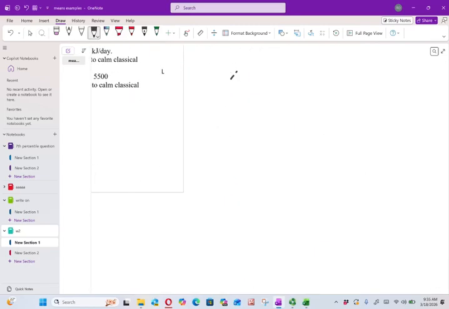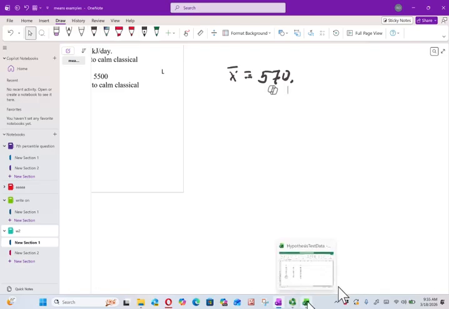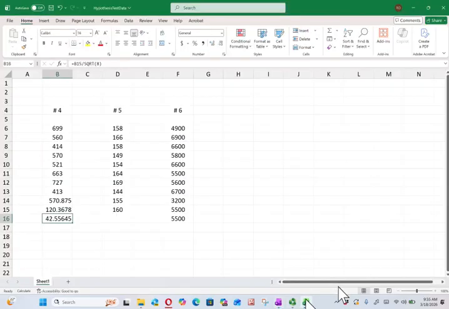The average is 570 point, what was it, 88? 88, that's close enough.